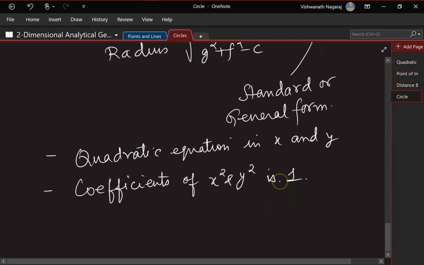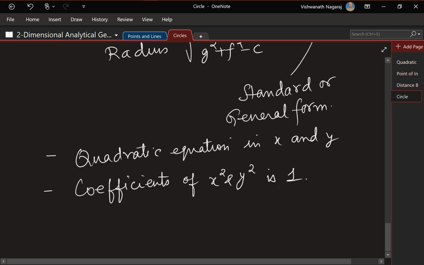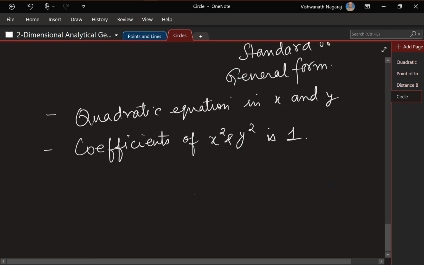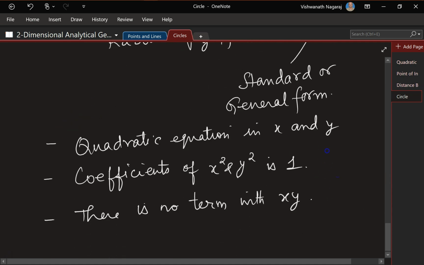If the coefficient is not 1, divide the entire equation, every term on both left and right, by the coefficient so that you get 1. And there is no term with xy.